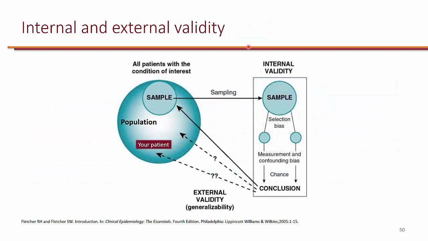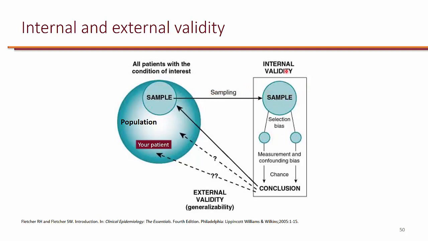So in summary, we looked at when you do clinical studies, obviously you have the entire population, and when there's a new treatment, we cannot test it in the entire population. What we can do is take a sample from the population and enroll them in the randomized clinical trial, and we will have inclusion and exclusion criteria for selecting the sample.